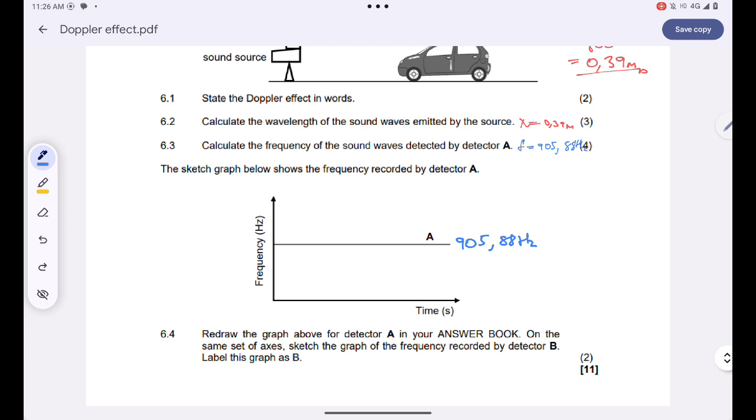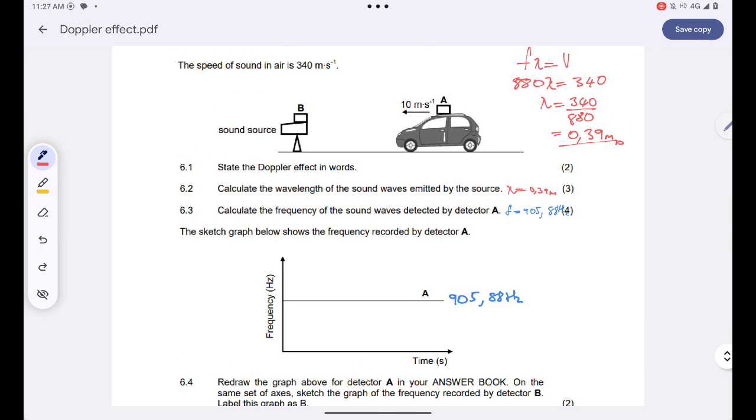And then we are being asked to redraw the graph above for detector A in the answer book, and on the same set of axes, we must sketch the graph of the frequency recorded by detector B. Label the graph as B. Please note that, guys, since now we are talking about the reflected frequency, A will become the source and B will become the listener.